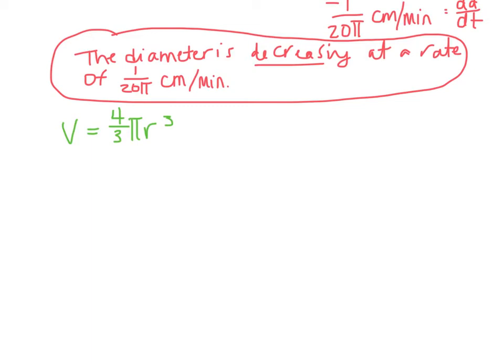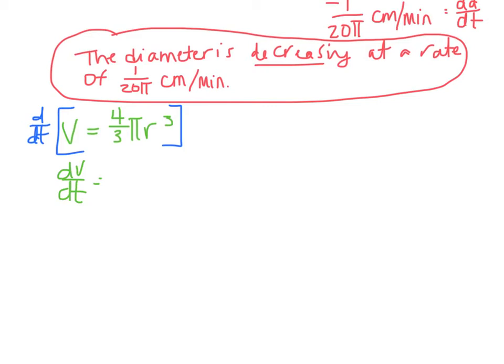So if we want the rate at which the volume is changing, we're going to do the derivative with respect to time. So d dt. That would be dv dt is equal to, again, 4/3 pi is our constant.